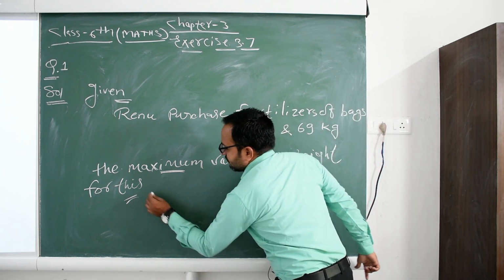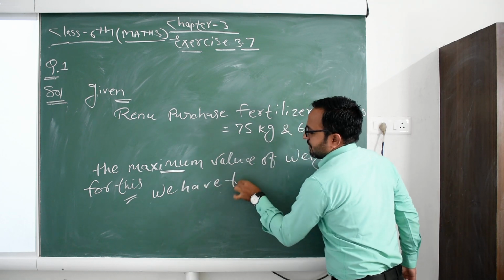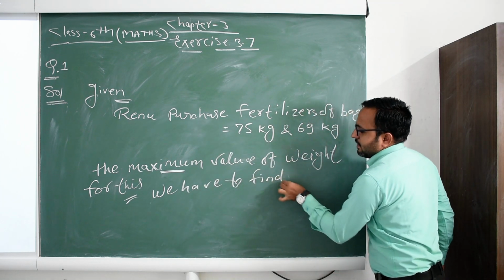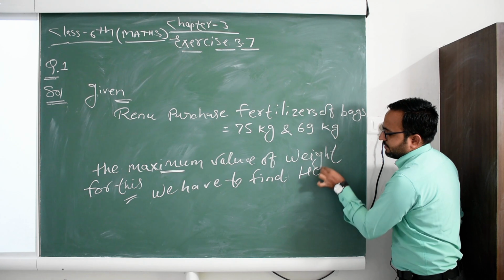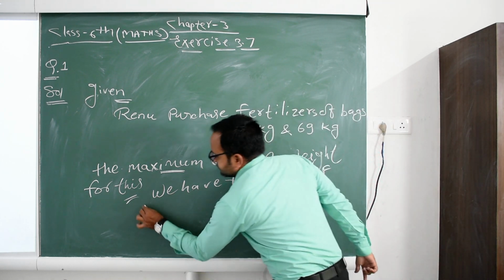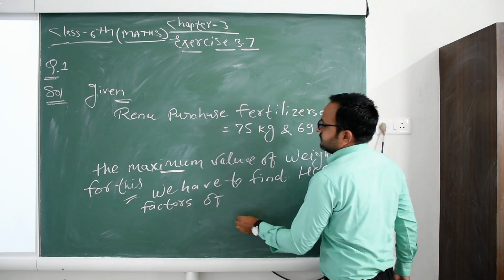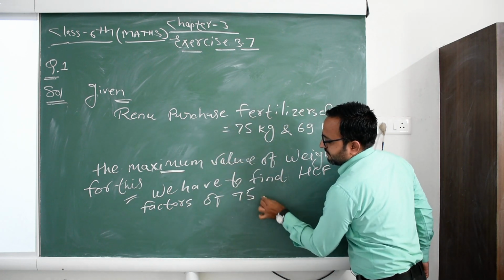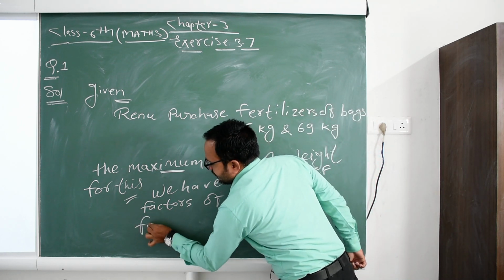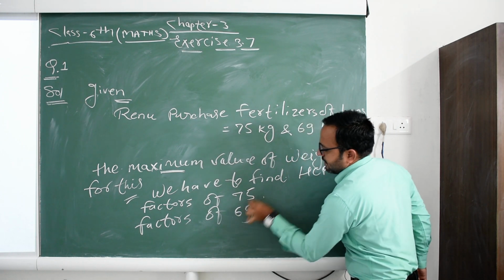So for this we have to find the HCF. So we need the factors of 75 and the factors of 69.